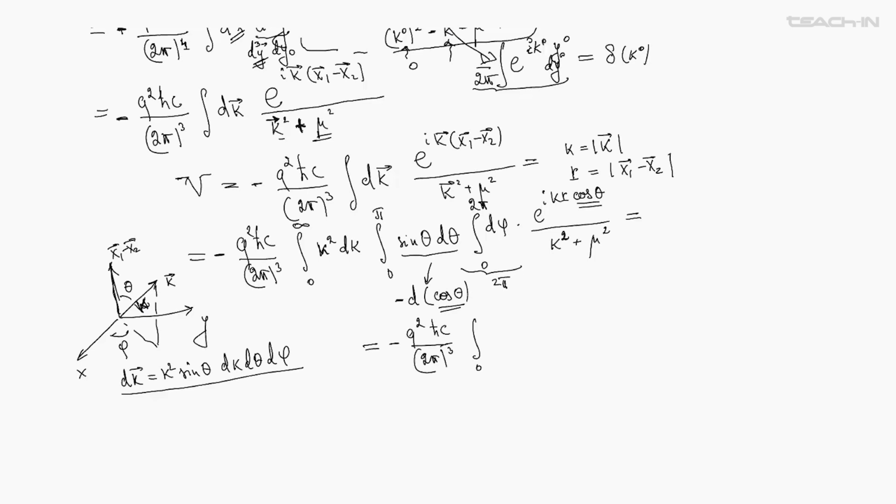And from integrating over phi and theta, what will be left over is 4 pi divided by kr, multiplied with sine kr, divided by k squared plus mu squared. So this expression, sine kr in particular, comes out from integrating this exponential here, exponential i k r cosine theta.